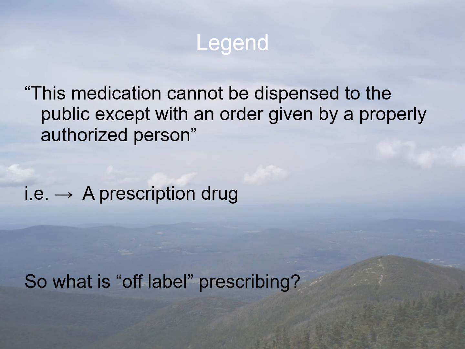Legend medication basically just means it is only available by prescription. You will hear pharmacists sometimes use this term. It's a legend medication. Off-label prescribing just means that the FDA has not approved it. At least a third of what we prescribe is going to be off-label.